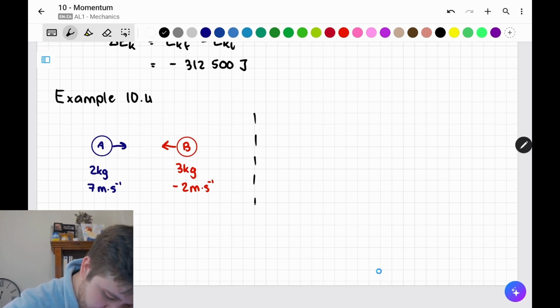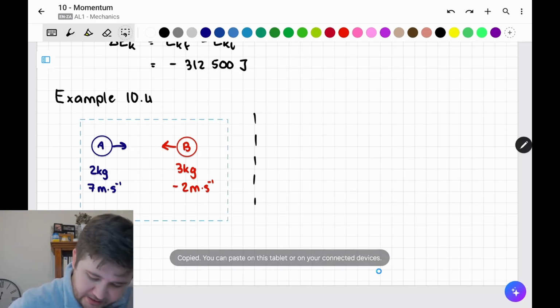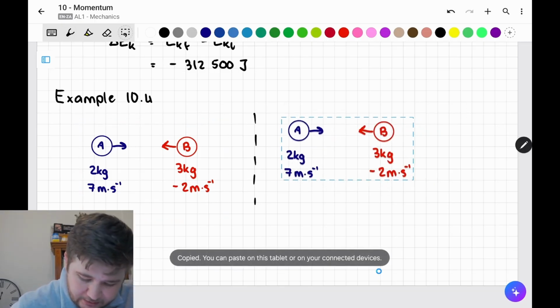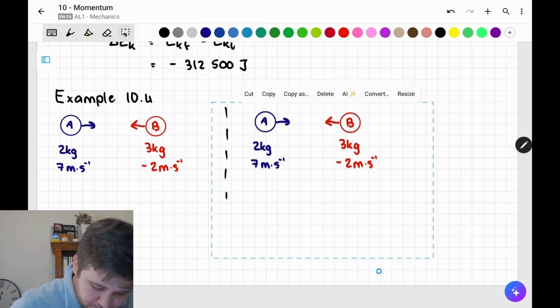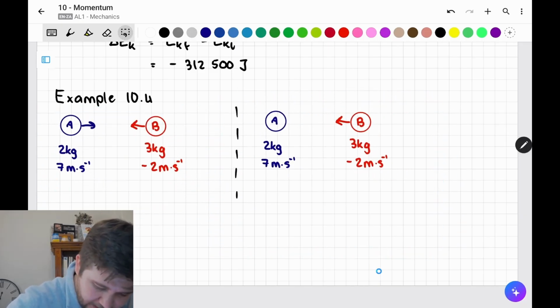If we assume that they do not get lodged in each other, I think it would be good to assume that they will hit each other and rebound in opposite directions. So let's consider that finally they will be traveling in opposite directions.